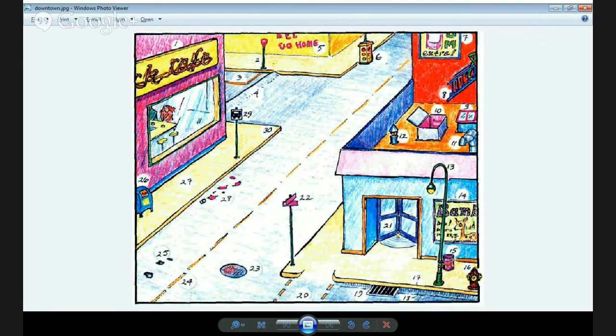It's number 24. But I don't know this word. What would you call it if you had to describe it? What word would you use? It's a line. It's a dashed line.